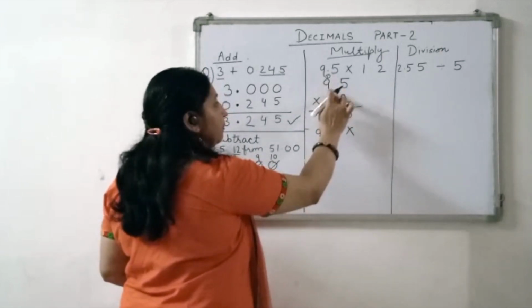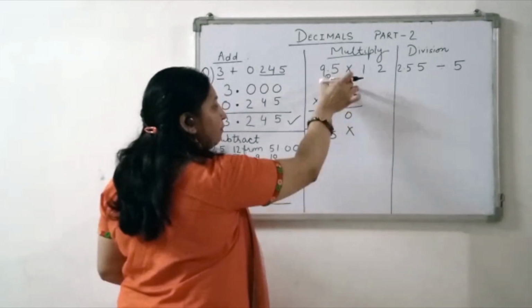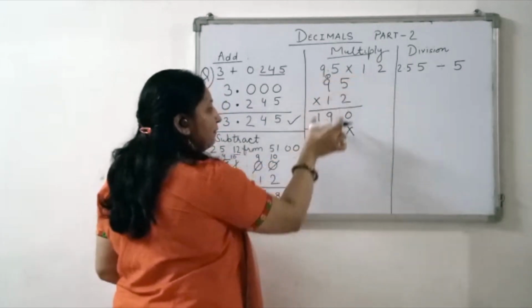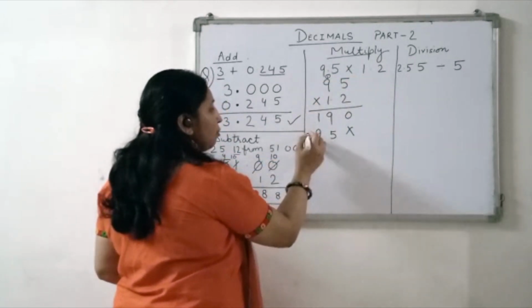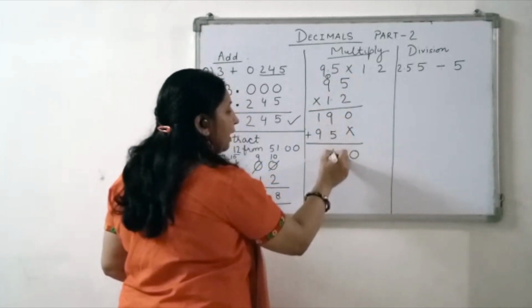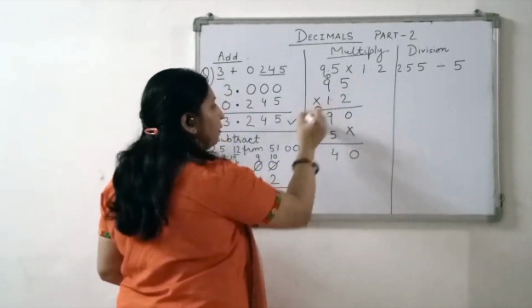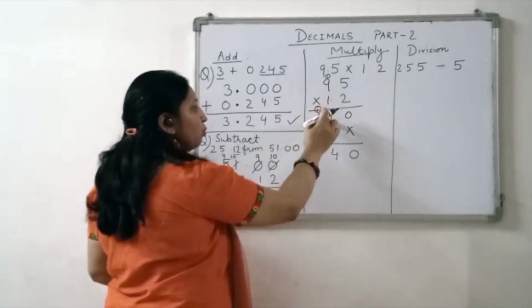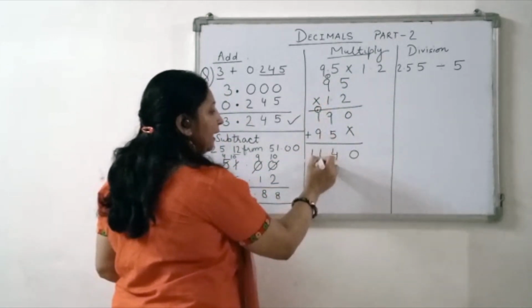You can do this way also, 95 1s are 95. So we are going to simply add 9 plus 5, 14. And here we are going to write 1. 1 plus 1, 2. 2 plus 9, 11.